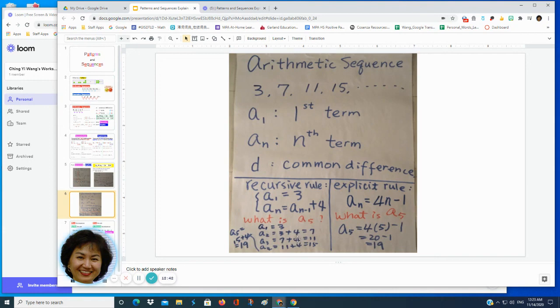You just keep going until you find the fifth term. But if you are given the explicit rule directly, then you can apply n equal to 5 directly to the formula. Then you will find the value at position 5, which is 19.